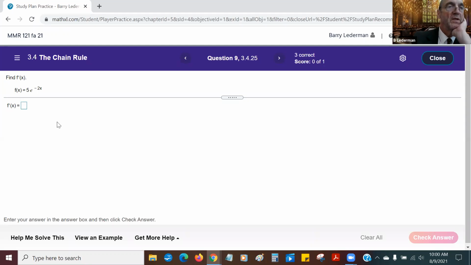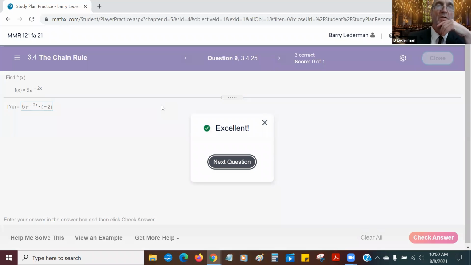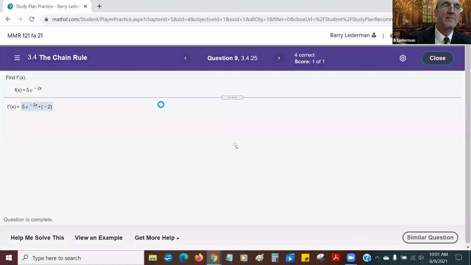And this one here is going to be, well, first it's just going to be 5 times e to the -2x, and multiply that times just -2, because that's the inner derivative. And even though this is a very dorky way to write it, this is correct. I personally would write -10 times e to the -2x, but it doesn't matter, it's correct.